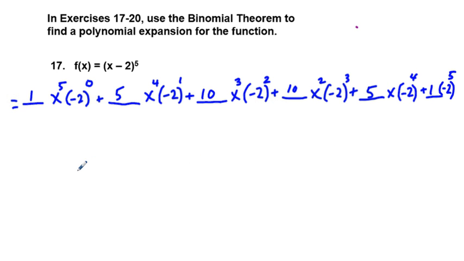So let's go ahead and figure that out. That's going to be equal to 1 x to the 5th power. And then we're going to have negative 2 to the 1st power is going to be just negative 2. So we're going to have negative 2 times 5 is going to be minus 10x to the 4th power.